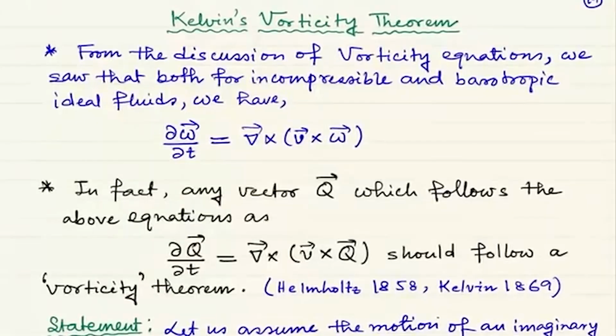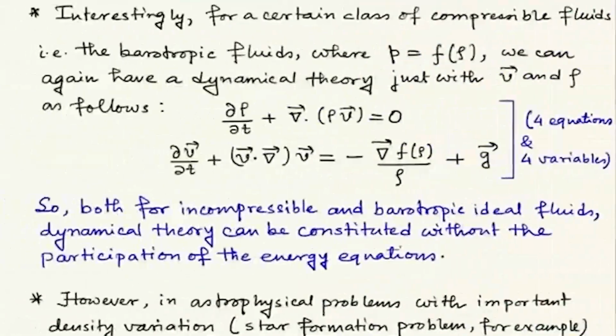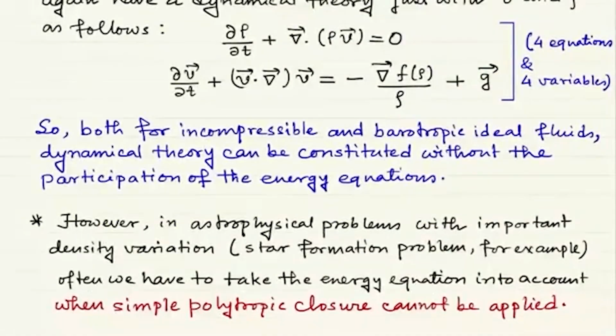So that was some discussion about some of the properties of ideal fluids, and we saw how we can derive the evolution equation of the vorticity, and also how the development of dynamical theories gets simplified in case of incompressible ideal or barotropic ideal fluids.